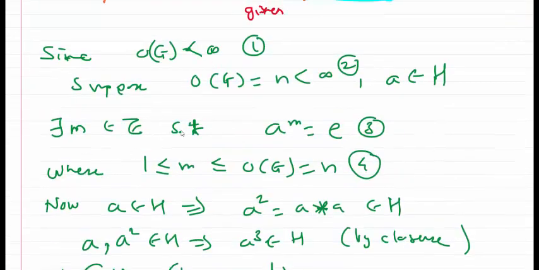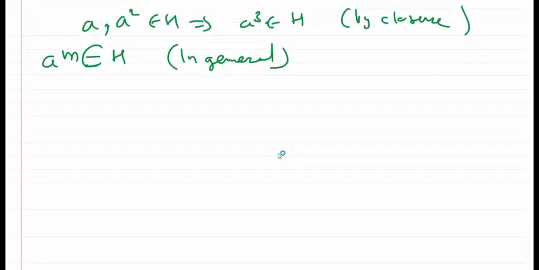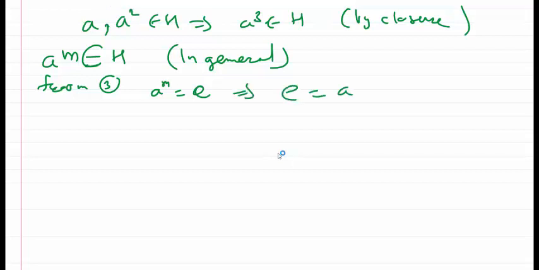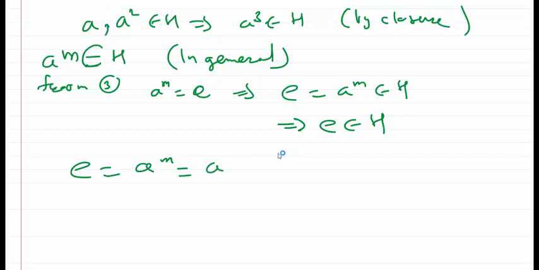So here we already discussed from 3, A raised to M is nothing but E. So this implies E is equal to A raised to M, and A raised to M belongs to H, implies E belongs to H. A raised to M can be split as A into A raised to M minus 1 multiplication.